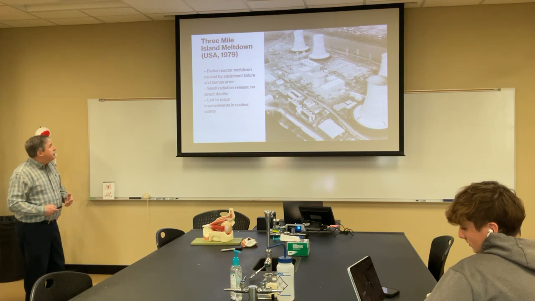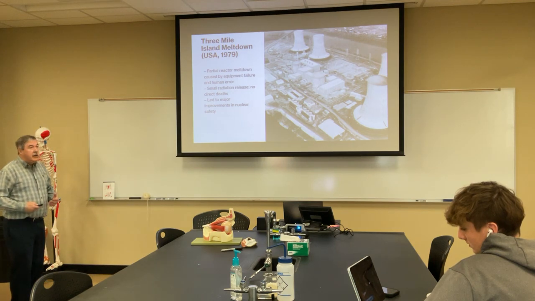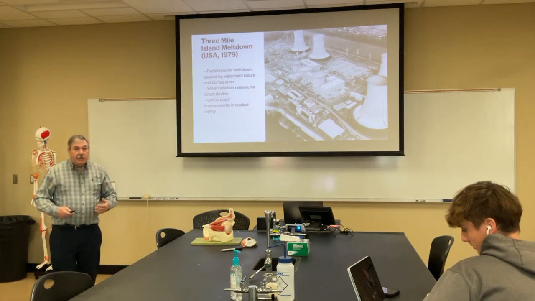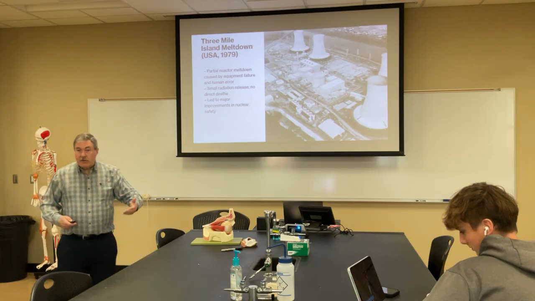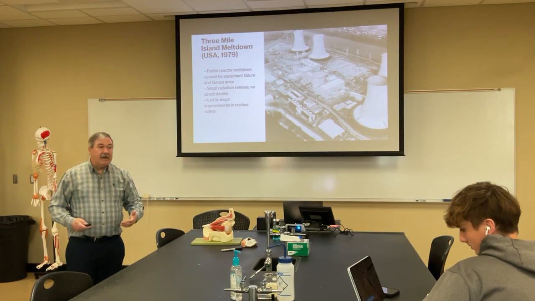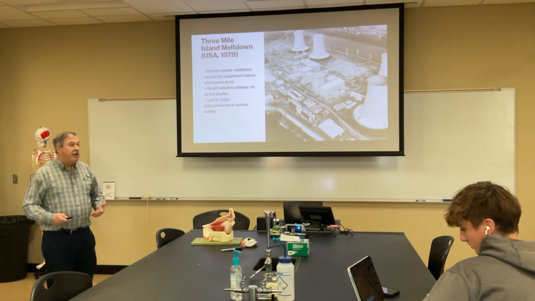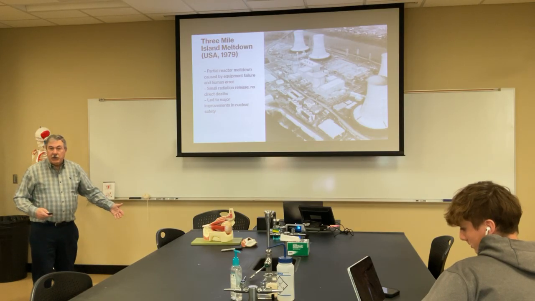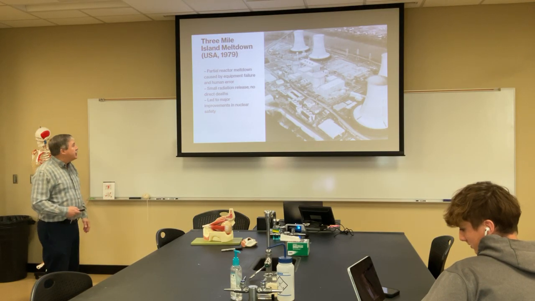The Three Mile Island meltdown was a partial reactor meltdown caused by equipment failure, and also human error. The people running the plant had instruments telling them there was something wrong, but they didn't believe it. They thought the instruments were malfunctioning, so they didn't do anything. They didn't lower the control rods into the fuel rods to slow down the reaction.